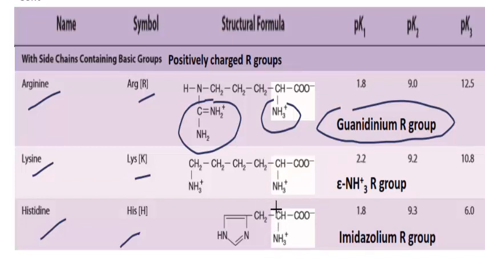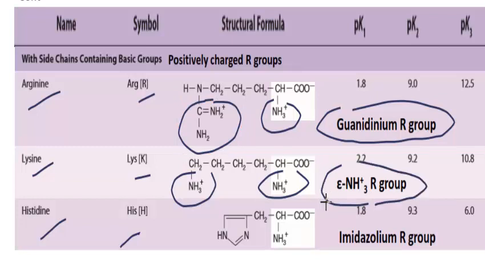Lysine: how many NH2 groups? NH3 groups? There are 2 NH3 groups, but since alpha, beta, gamma and beta, this is a beta NH3 group attached to the lysine. That's why this is very special. Arginine is special because it contains a special functional group called the guanidinium R group.